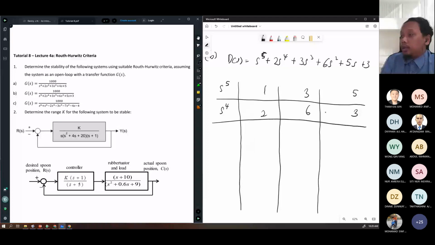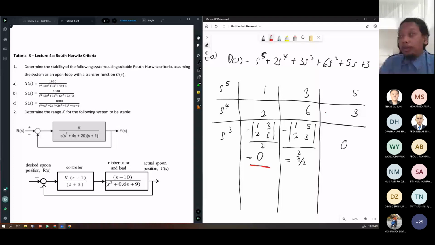And then we calculate for row S3. Okay, so here we encounter a 0 in the first column.